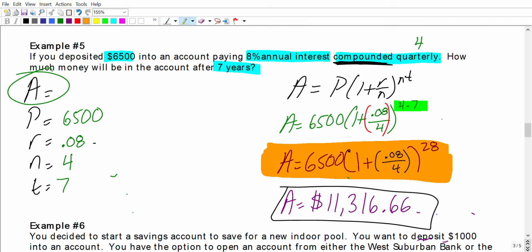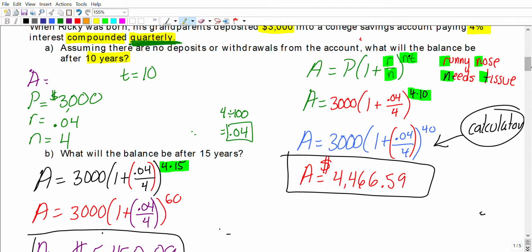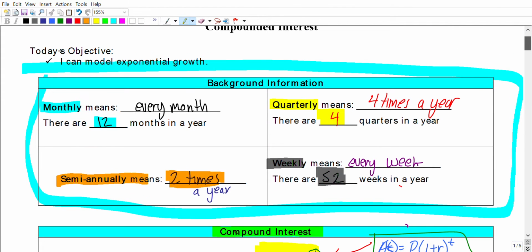Okay, guys. All right. I think I'm going to go ahead and end the video there. Today's video actually was a little long, not too crazy, but hopefully you have a little bit more of an understanding of compound interest type equations. So again, these are up here the key things that you have to look for.